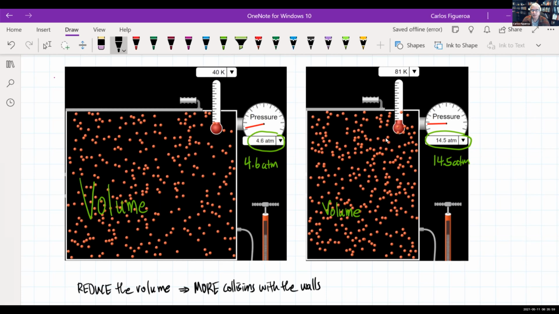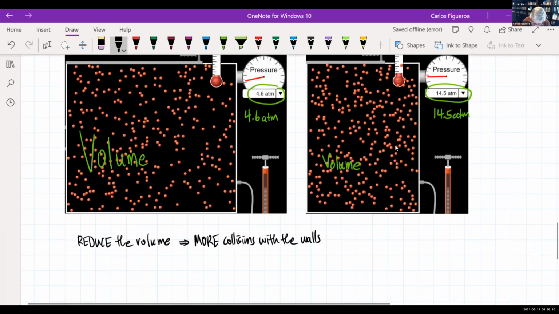It turns out that the walls of the container, as I pushed them, I did external work. So what did the work do? It increased the kinetic energy of the gas molecules. So automatically, by me moving the wall in, I increase kinetic energy.